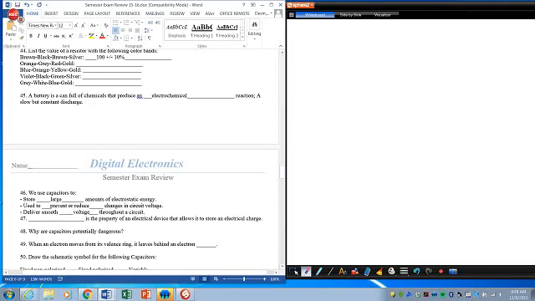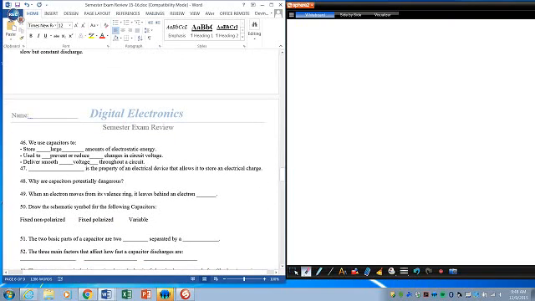Number 47, blank is a property of an electrical device that allows it to store an electrical charge, and the answer is capacitance. Remember capacitor? But this one's capacitance. It stores the electrical energy and then it releases it right away.